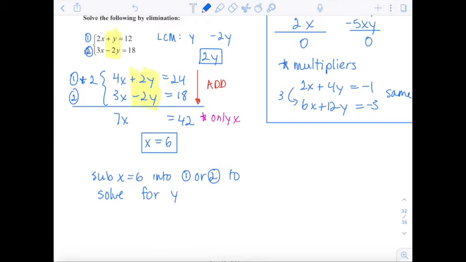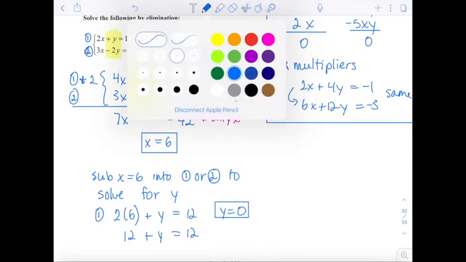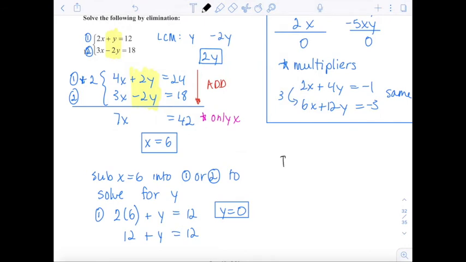I'm going to put it into equation 1 and I'm going to see that my y value is 0. So we're going to write a final statement. The POI, or the solution, is (6, 0), always in order x, y.